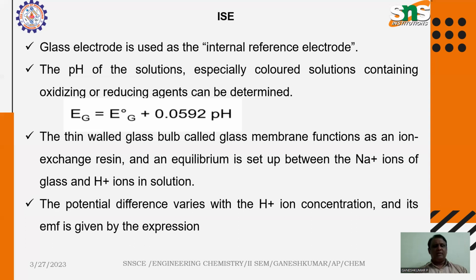This thin wall glass bulb contains a glass membrane and it is like an ion exchange resin. It maintains an equilibrium between the sodium ion and the H plus ion in the solution and the glass. The potential difference varies with the concentration of H plus ion, which will be given as an expression of EMF.